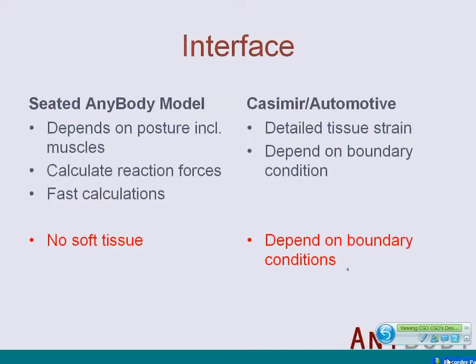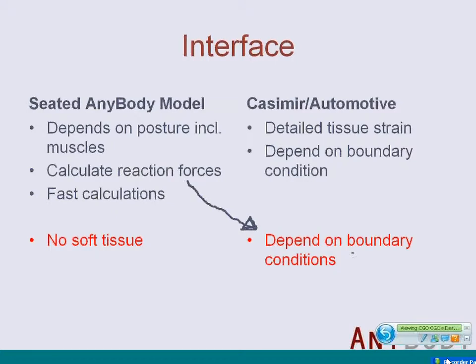The thing is that the Casimir model is very dependent on the boundary conditions, and by that I mean that it's very important where you sit the person in. You could say that these boundary conditions can be taken from the AnyBody model because it actually calculates these boundary conditions.